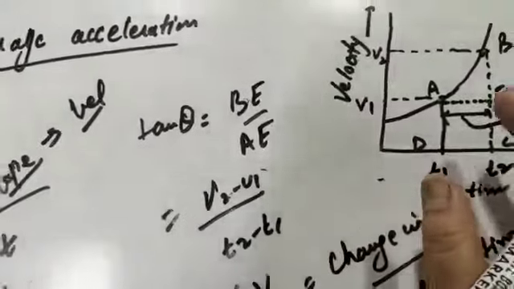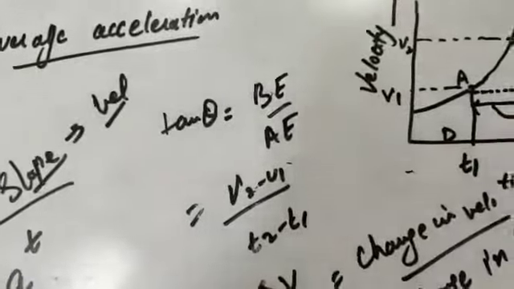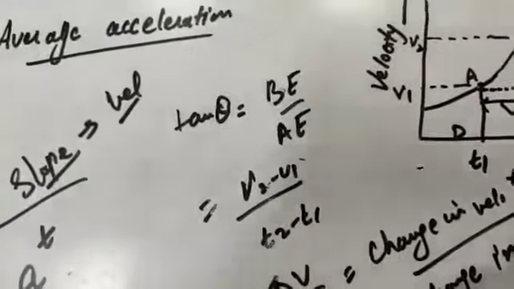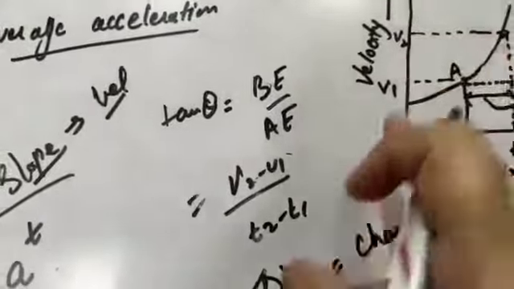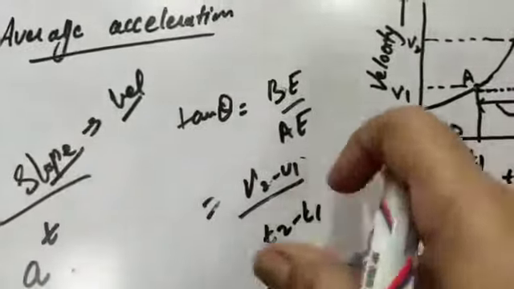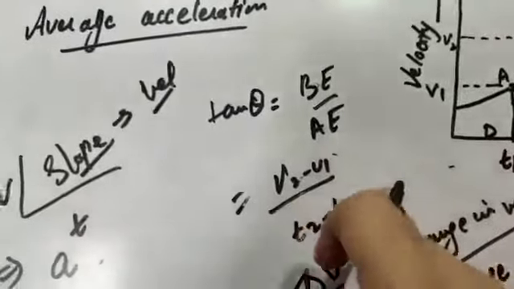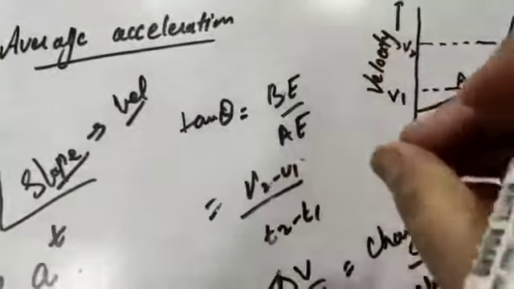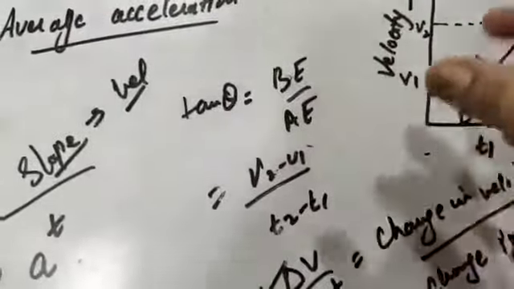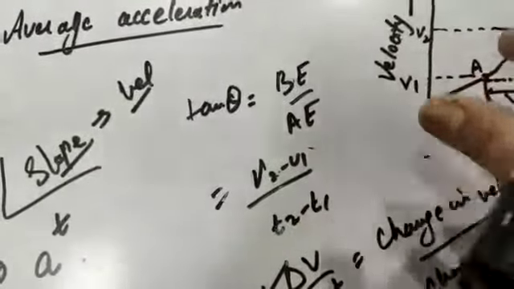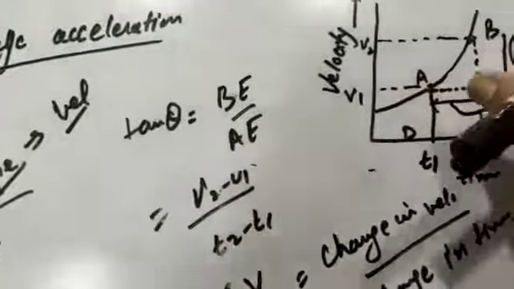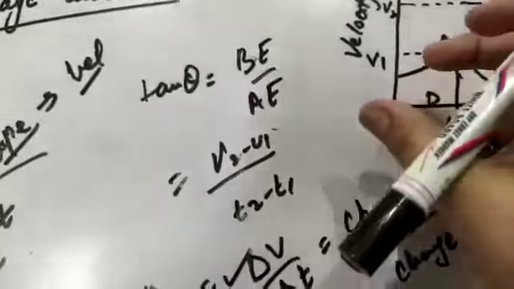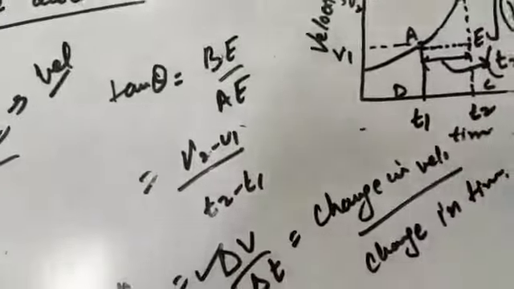If you are riding a bike, when you view your speedometer, what value it shows is the instantaneous speed or instantaneous velocity, right? So when we decrease the time interval to 0, that is known as the instantaneous acceleration for the velocity time graph.